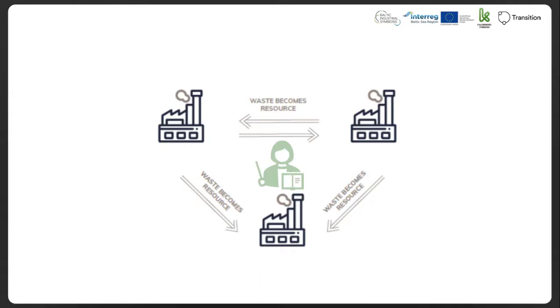And to ensure the drive and the creation of new symbiotic exchanges among companies in the network, it's often facilitated by a facilitator. And that's the exact focus of this guide, which is created for current and future industrial symbiosis facilitators.